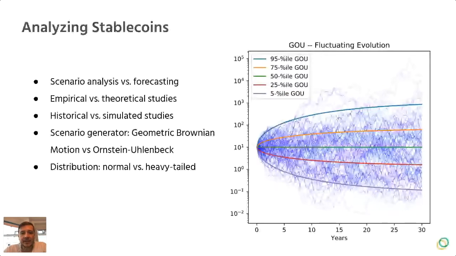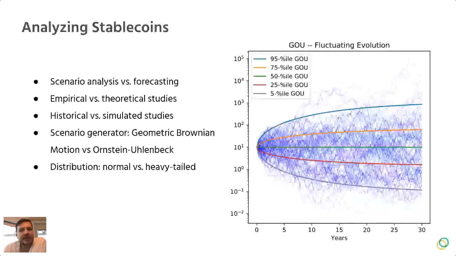And therefore, since these long-term forecasts are relatively hard, there are other ways to solve for this. One way is to do a simulation study. Doing a simulation study can help you to think about a lot of different statistical shapes and characteristics of the scenarios you use. You could think about what is the right distribution you want to assume when simulating the prices of the different cryptocurrencies.